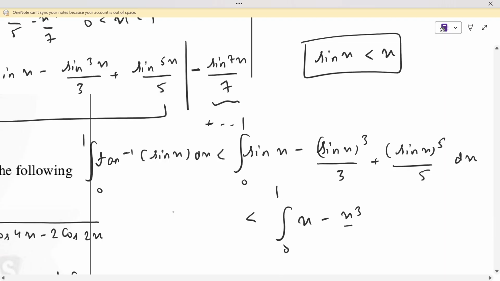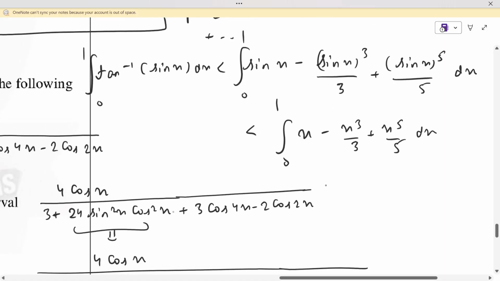Then the result is 1 by 3, plus 1 by 5, plus 1 by 2. Take the LCM. So 5 by 12 plus 1 by 30.